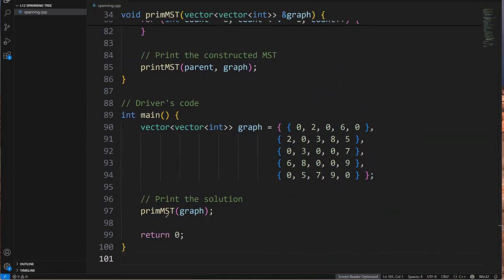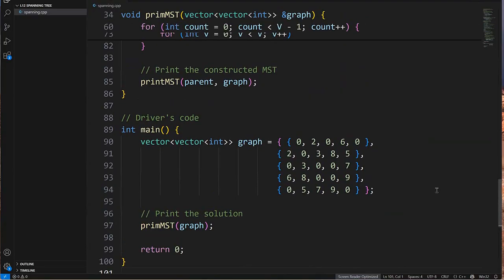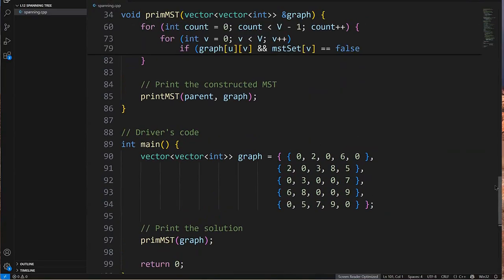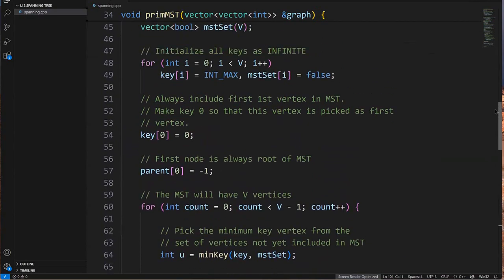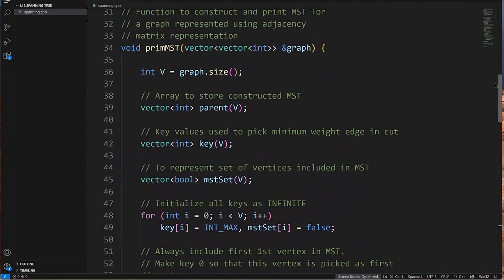From this main algorithm, you go into the Prime minimum spanning tree algorithm. Given the graph, you create a number V, that's the number of nodes. And then you have a way to store the constructed minimum spanning tree, that's parent[V].